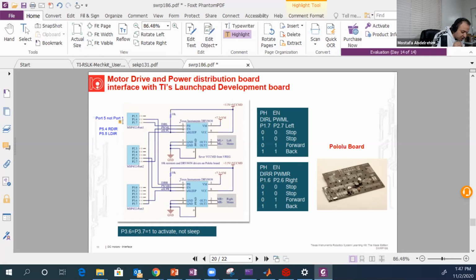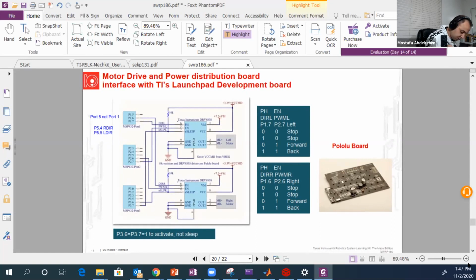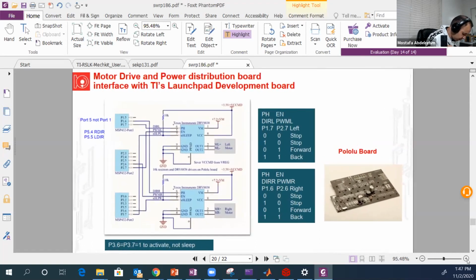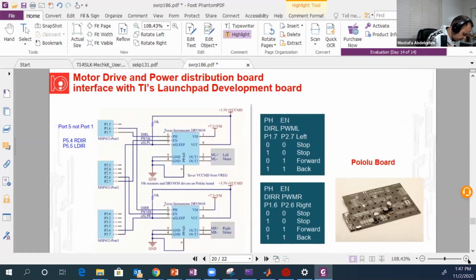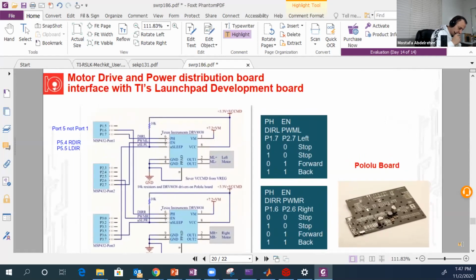And this is only just 2 pins, which is these 2 pins in the beginning here. So let's understand this. Let's enlarge them. First of all, these are the direction pins.